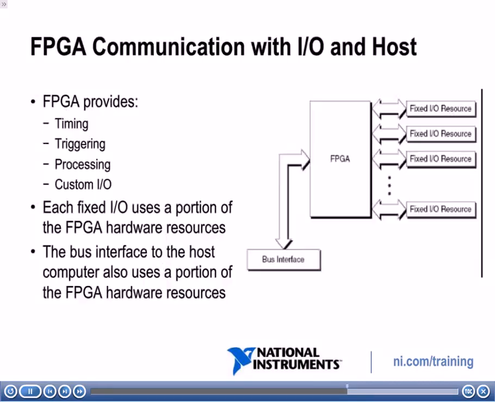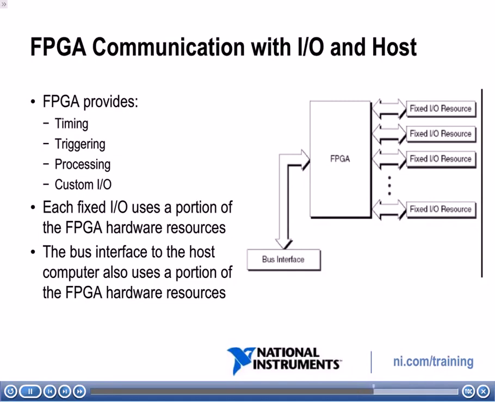Here we see that the FPGA is connected to I/O resources, and it's also connected to a bus that allows the FPGA to talk to the host, or the host to talk to the FPGA as well. For every I/O resource that you have, part of the FPGA hardware needs to be used to implement that communication with your I/O.